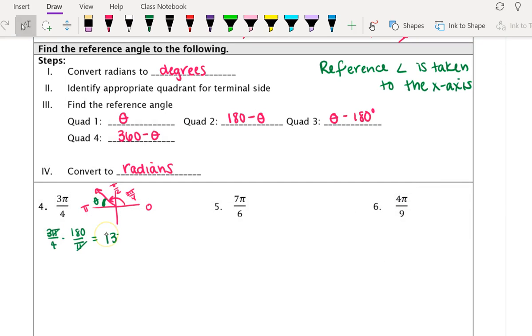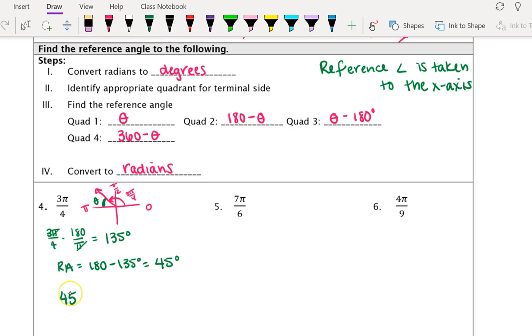So 135 degrees, since that's in quadrant 2, I'm going to follow the quadrant 2 rule, which is 180 degrees. So the reference angle is equal to 180 degrees minus 135 degrees, which is a 45 degree reference angle.